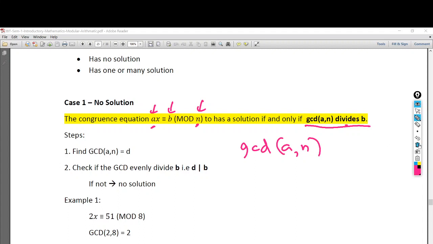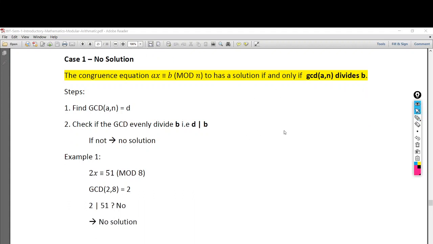Okay, so let's take an example. Say this is our equation: 2x ≡ 51 mod 8. You are supposed to find x. Let's write it down again: 2x ≡ 51 mod 8.